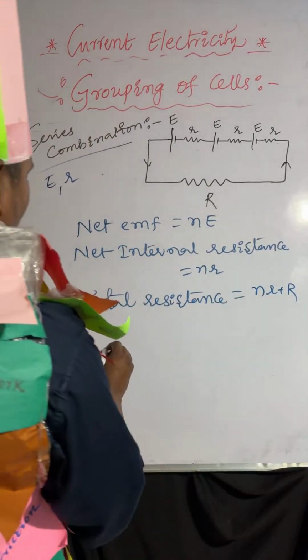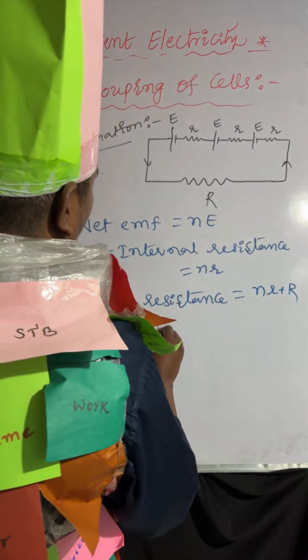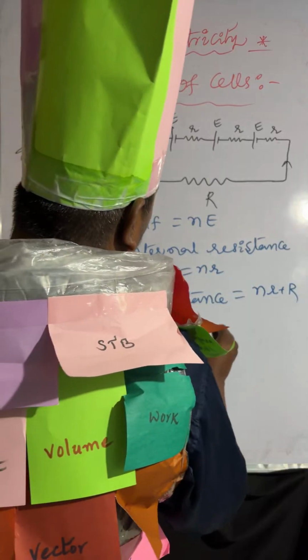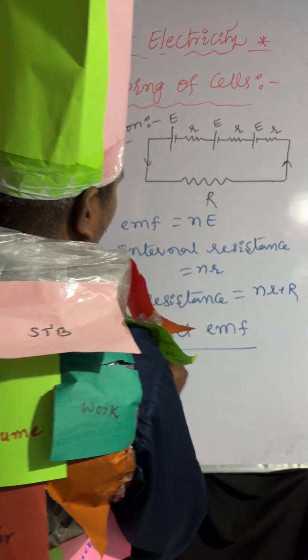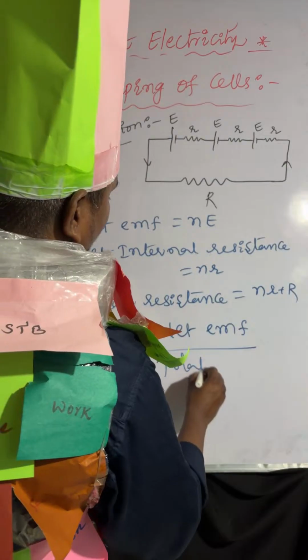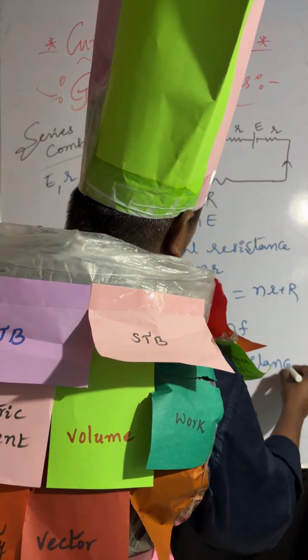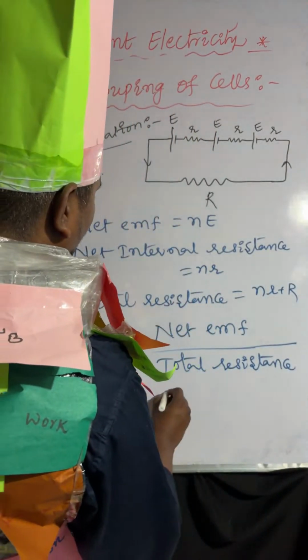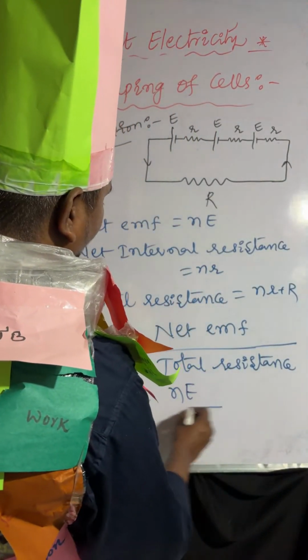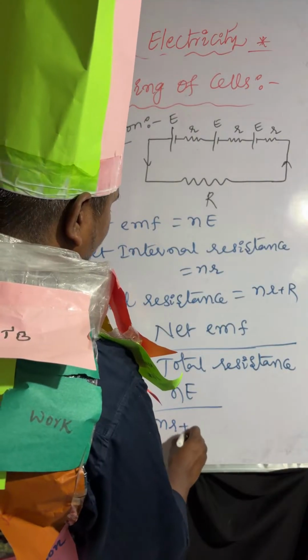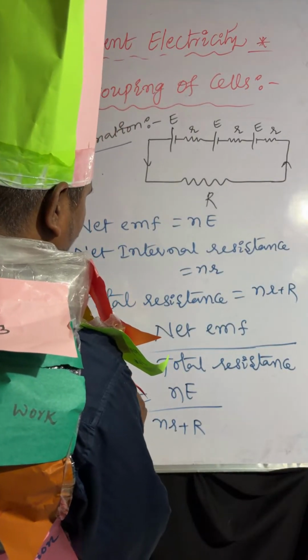Now, current I equal to net EMF by total resistance. That is nothing but NE by NR plus R. That is current.